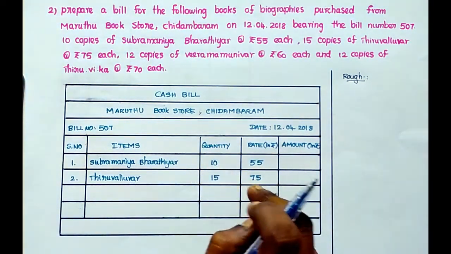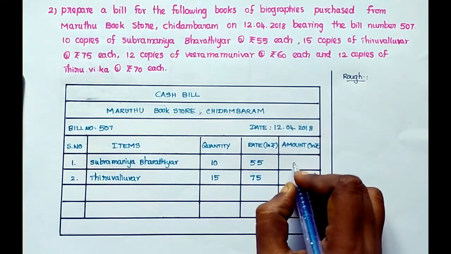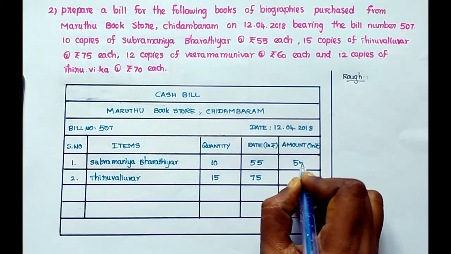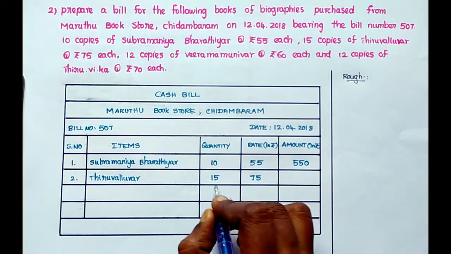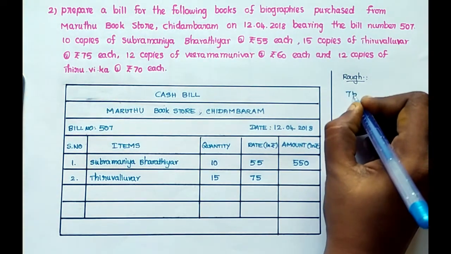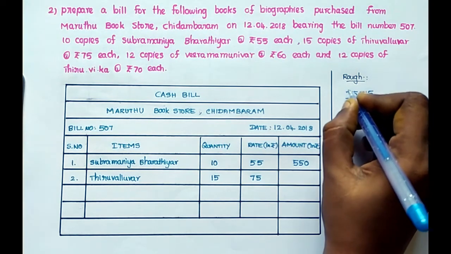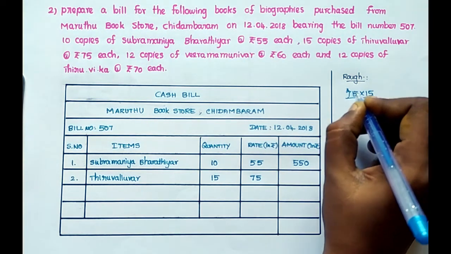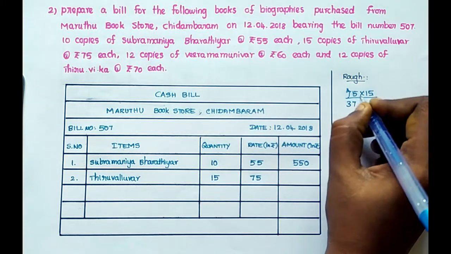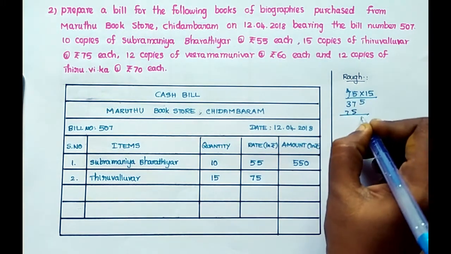Now multiply that. 55 into 10, 550. 75 into 15. 5 5s are 25, carry over 2. 7 5s are 35, 37. 1 7 is 7.